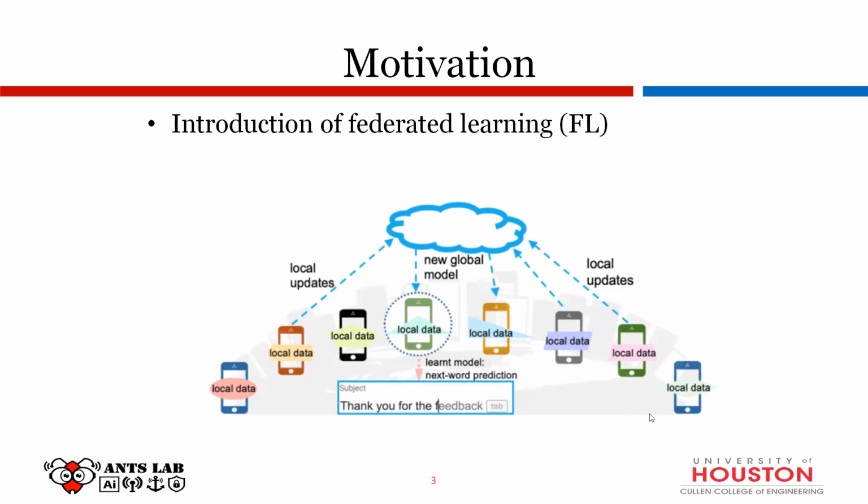After they are done with their training, they will update their results back to the central server, and the central server will collect all this information, and then provide a new model, which can then be sent back to the devices to do the second round of training. So this is pretty much the concept of federated learning.